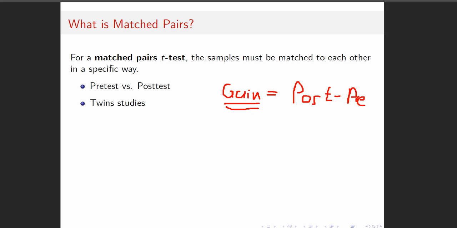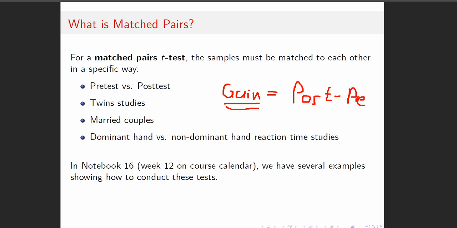There are other ways to match the samples. For example, a lot of times when they're looking for different causes of certain diseases, they do twin studies to see if they can find a link. They often will ask things from both partners in a marriage, and they'll match the samples that way.